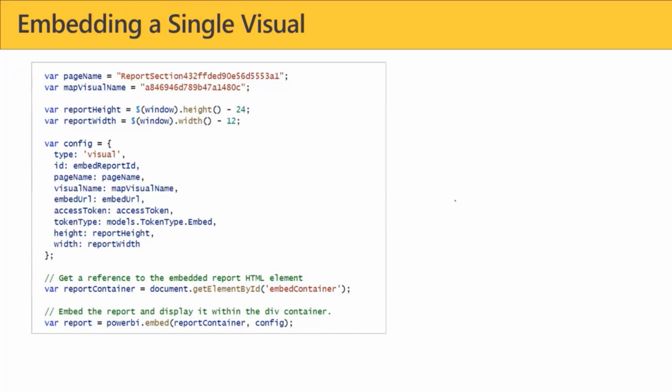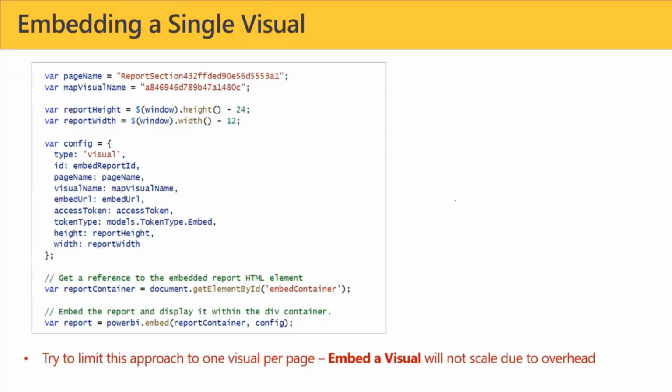The first thing is that you have to go into the report and figure out what the report or the page name is, and each visual has a name, and it's really hard to figure out what those are. But it is possible to do that. But once again, embed a visual is fine once a page, maybe 2 or 3 times a page, but more than that, you're just asking for pages that are going to take 10 to 20 seconds to load.